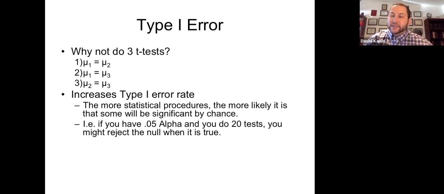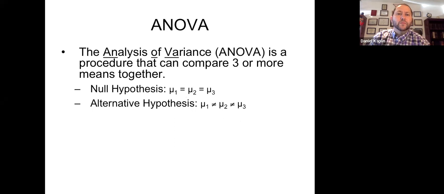So it reduces the risk of a type 1 error. Doing the t-tests increases the risk of a type 1 error. And you might remember I defined a type 1 error as rejecting the null hypothesis when the null hypothesis was actually true.